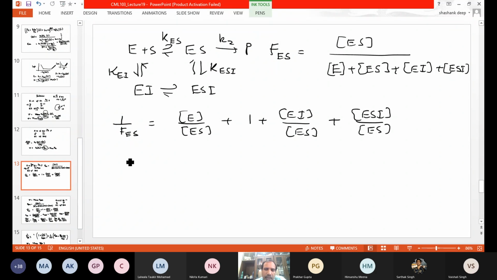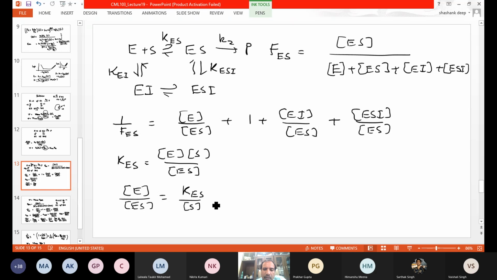So E by ES: KES is the dissociation constant, meaning ES going to E into S, so KES is E into S by ES. So E by ES is KES by S. So this one is done.